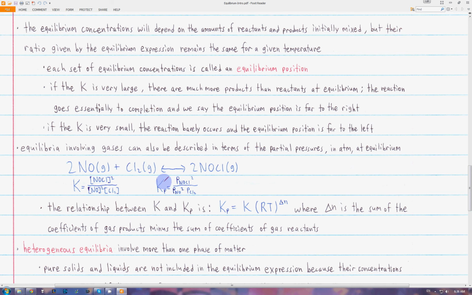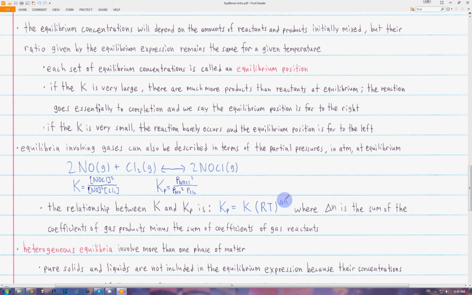And remember that Kp and the normal K are different. So to convert between the two, we have to use this equation. Kp is equal to the original K, which is in terms of the concentrations instead of pressures, times the universal gas constant R, times T in Kelvin, raised to the power of delta n.